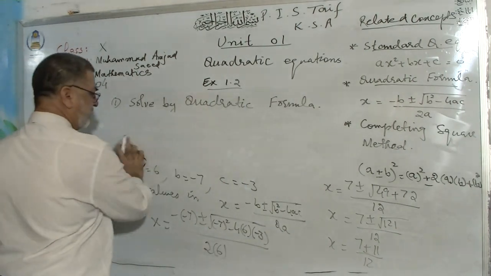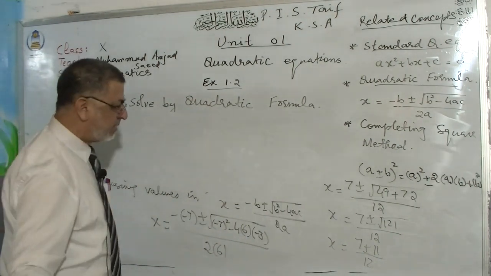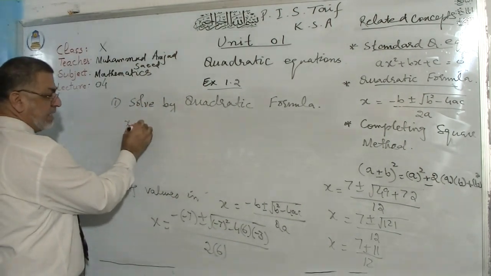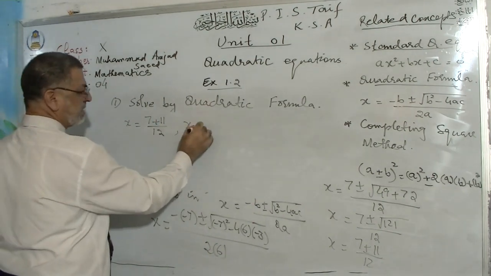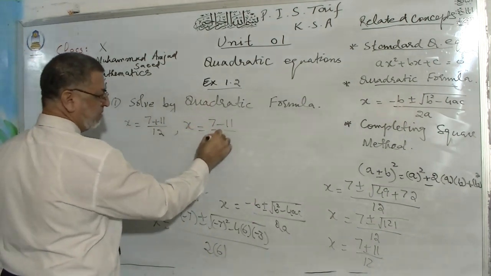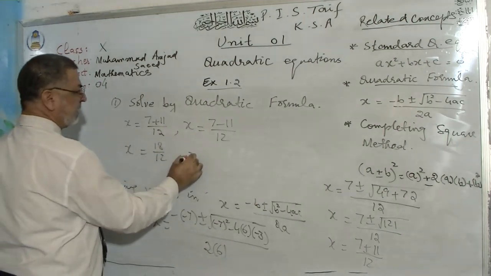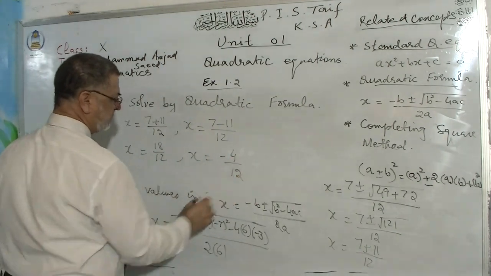Here we can have, you will write down this x as once positive, once negative. 7 plus 11 over 12 and x is equal to 7 minus 11 over 12. x is equal to 18 over 12 and x is equal to minus 4 over 12.